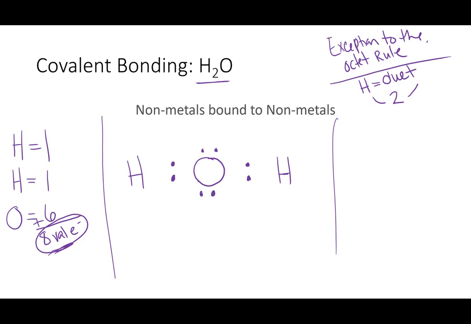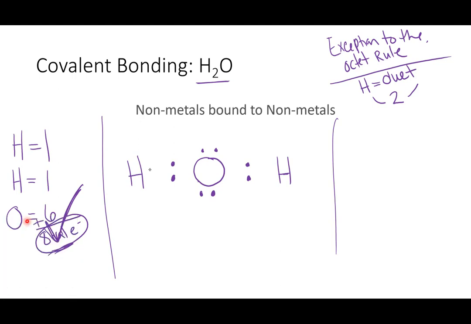So that's the first thing, is I've distributed all 8 electrons that were brought to the party. All of them are on the paper. So that's an important step. Now I need to go back and make sure that everybody is happy. Everybody has an octet or a duet.